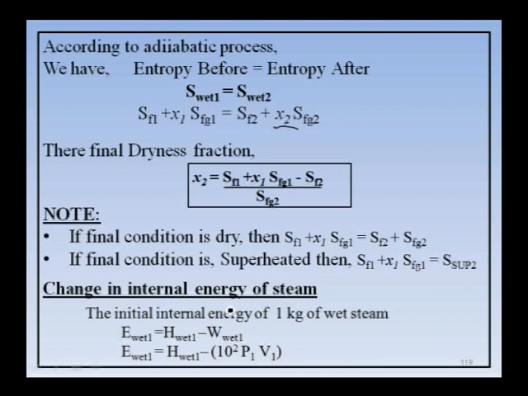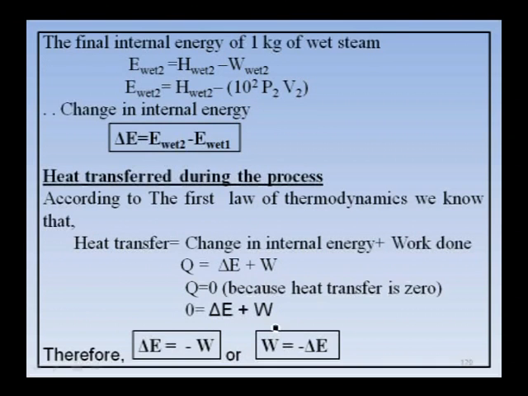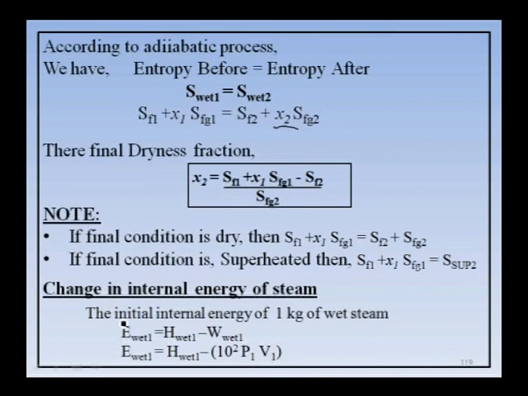Next, change in internal energy, this we know: delta E is equal to E2 minus E1. Initially it is wet steam, therefore I have taken the initial internal energy of 1 kg of wet steam, that is E wet 1. E wet 1 is nothing but H wet 1 minus W wet 1, we know the formulas. So, H wet 1 minus 10 square P1 V1 is the initial internal energy of the steam.